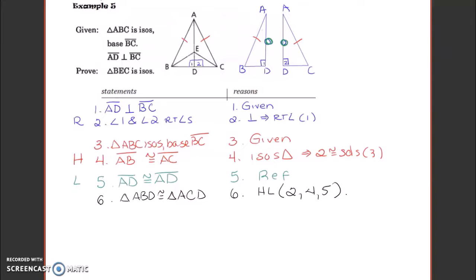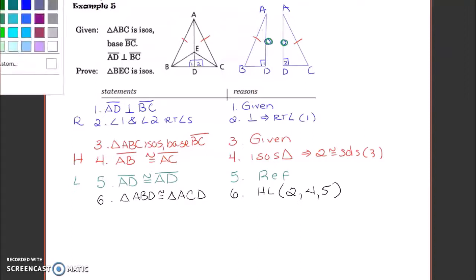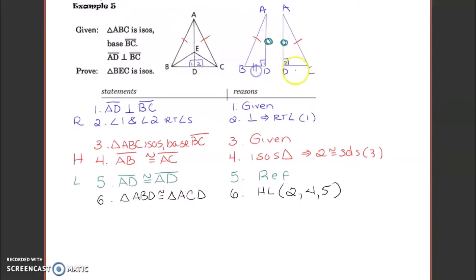Now that I have those congruent, I can say BD is congruent to DC, because if we have congruent triangles, then corresponding parts of congruent triangles are congruent.